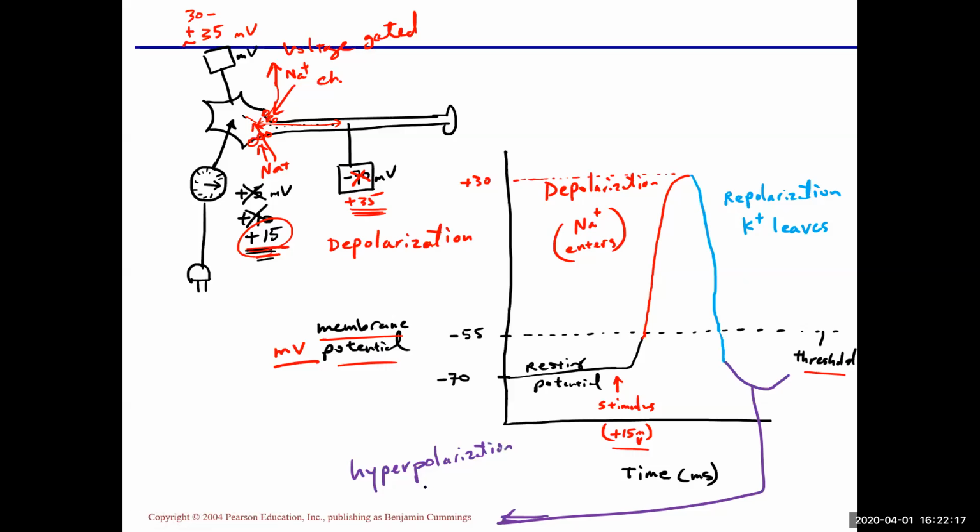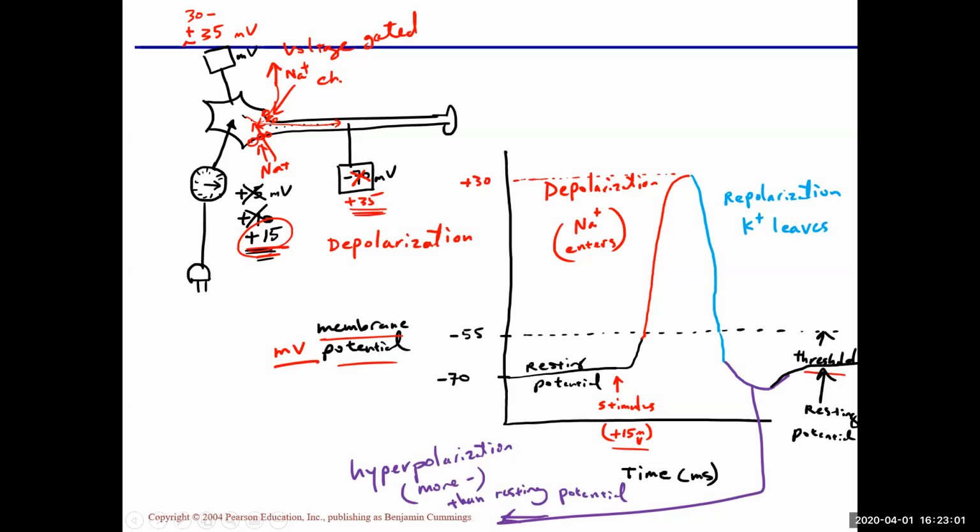Hyperpolarization is when the membrane potential is more negative than the resting potential, due to more potassium leaving. But interestingly enough, after the hyperpolarization, you're reaching the resting membrane potential. So this is now the resting membrane potential.